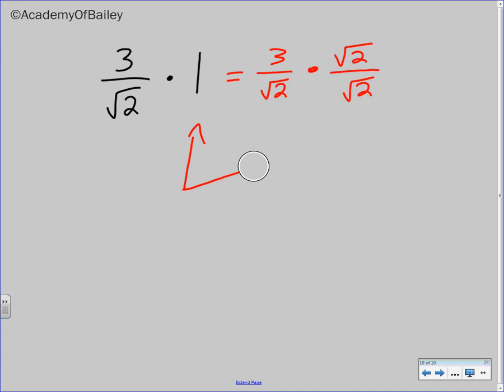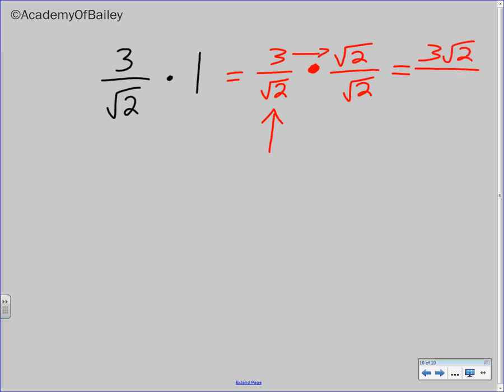All right, good job. Why would we multiply by the square root of 2 over the square root of 2? It's because, do you see the number on the bottom of this fraction, the square root of 2? You got it. When we multiply fractions, you multiply straight across. So that's going to be 3 times the square root of 2.